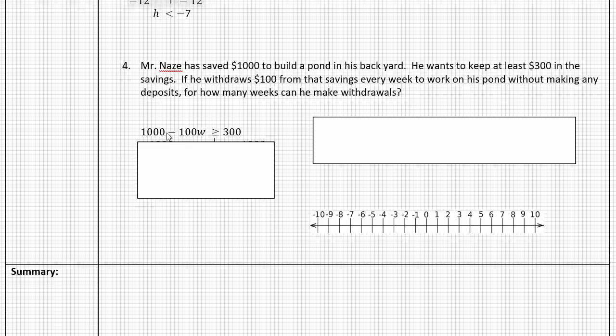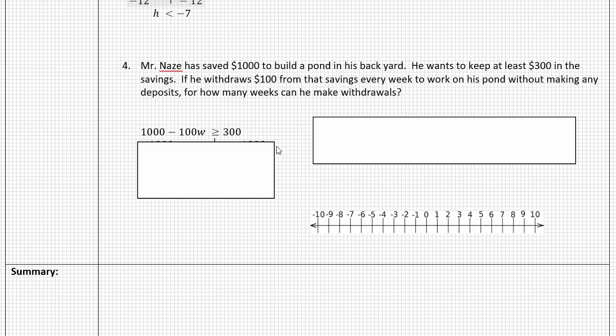Since he's withdrawing and having to take that money out, and he always wants to keep what's left, this is representing the 1,000 minus the withdrawals. We want to keep that greater than or equal to 300, because that's the lowest he wants it to go. So this inequality represents the word problem we have here.